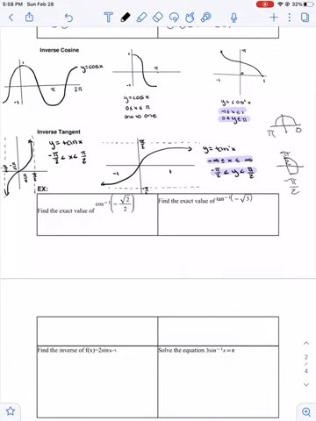Okay, so this first one is find the exact value of cosine inverse of -√2/2. So we're going to ask ourselves, look at the unit circle from 0 to pi, and for what angle does cosine equal -√2/2? Cosine is negative in our second quadrant, and the x value of √2/2 is at 3pi/4. So theta equals 3pi/4.